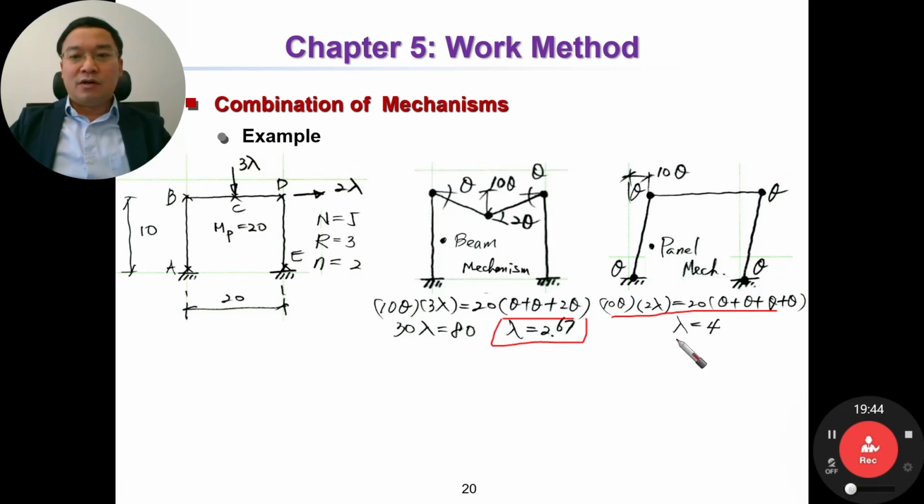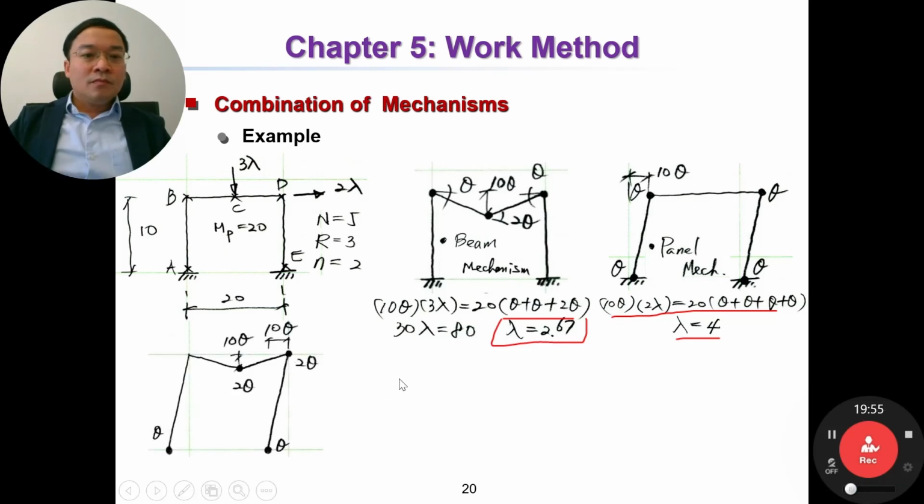So this solution corresponds to the panel mechanism, and that one corresponds to the beam mechanism. Now, the combined mechanism means we combine the beam mechanism and the panel mechanism. Because there are only two independent mechanisms, this is the full combined mechanism.